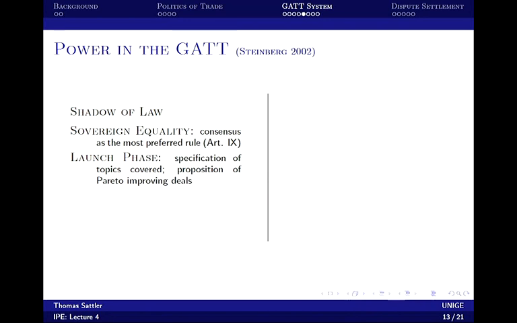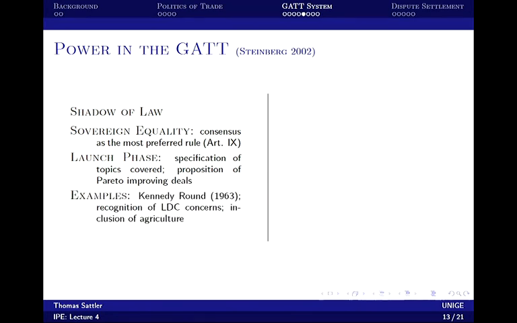So in the launch phase, it's all very cooperative. We specify the topics that are being covered, and what's usually being done is we decide that things that are in the interest of everybody are going to be discussed.